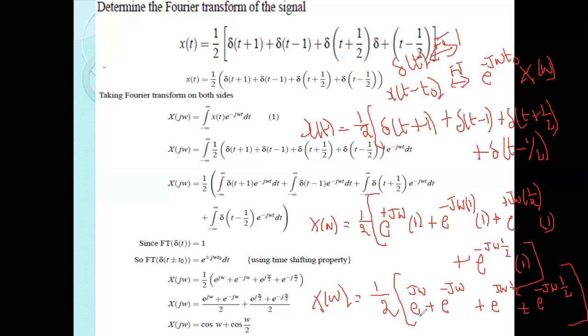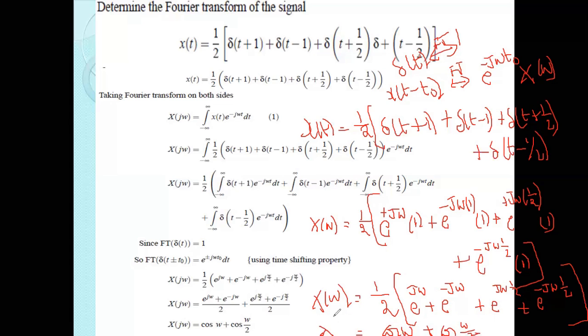So everything has a 1 by 2 for all the functions. e power jx plus e power minus jx by 2 is cos x, so cos omega, plus, here also the 2 is there, e power jx plus e power minus jx by 2 is cos omega by 2.